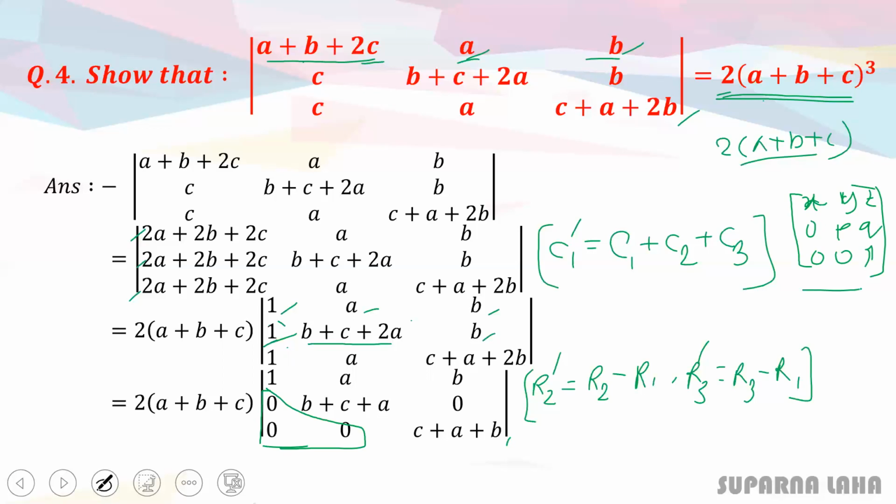This type of matrix we call a lower triangular matrix. That means after the diagonal elements, the lower part of this matrix, all the elements are 0. This is called a lower triangular matrix.